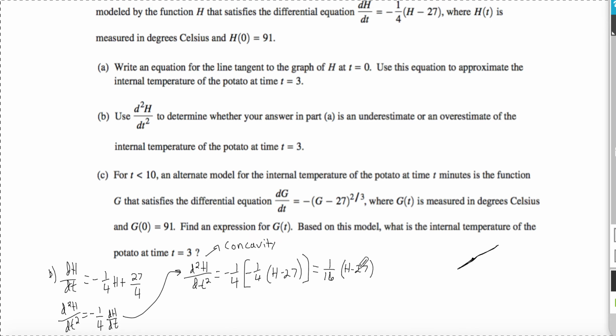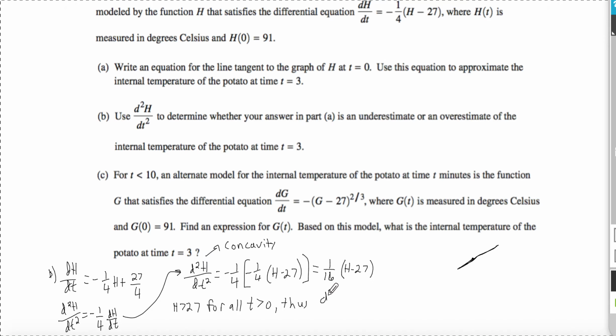So what do I know? Well, my second derivative is a function of h. What do I know about h, the temperature of this potato? Well, h is greater than 27 for all t greater than 0. So if h is greater than 27, this number has to be positive, right?